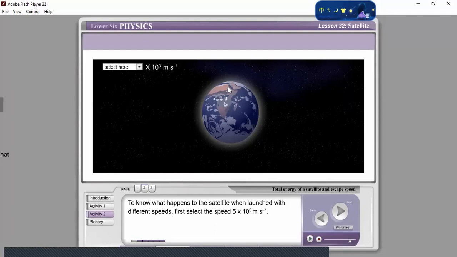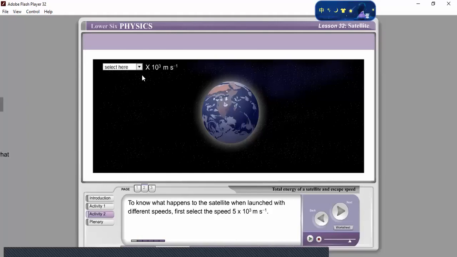This speed means that we launch from the Earth, not only a satellite. If we launch a satellite from the surface of the Earth to space, what will be the speed?